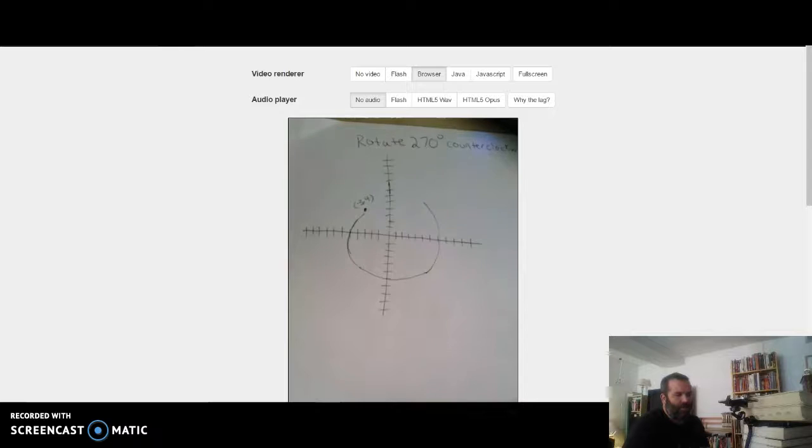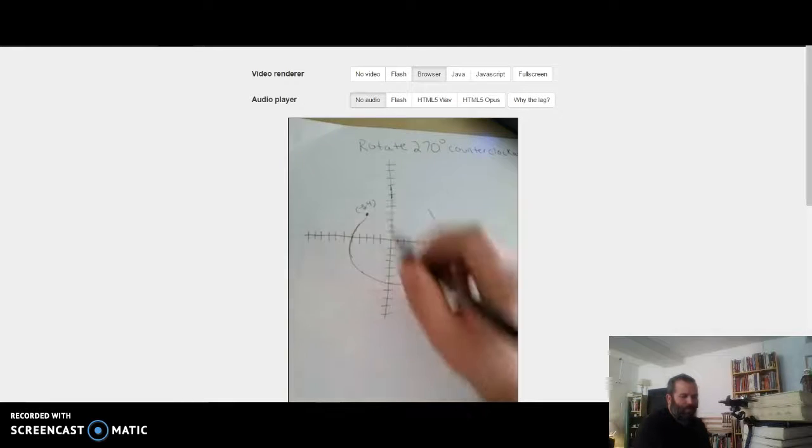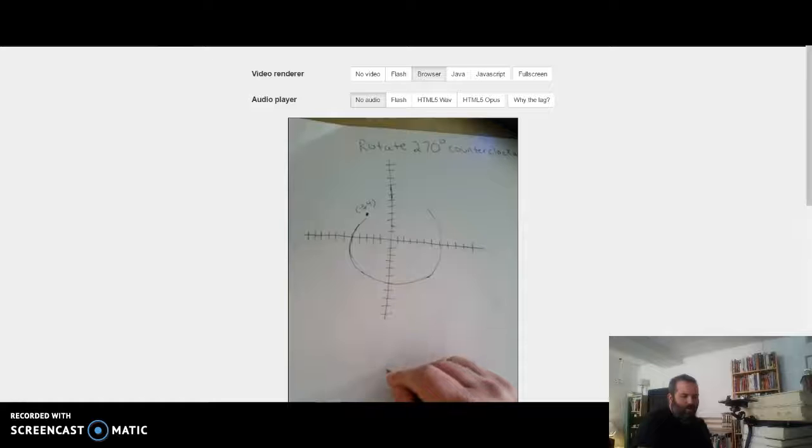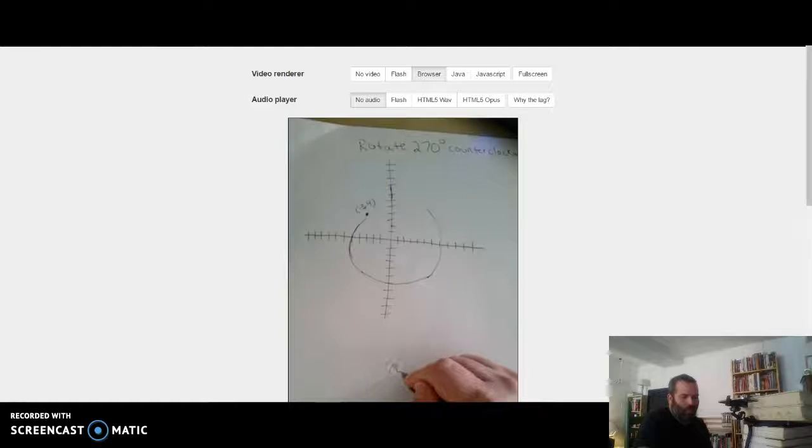And here's how you figure out where that point's going to be. You take your numbers, -3 and 4, and you ignore all the negative signs, and you just flip your numbers. So instead of -3 and 4, we're going to have 4 and 3. Again, we just drop that negative. Now we ask ourselves, where do I put that negative sign? Is there a negative sign?